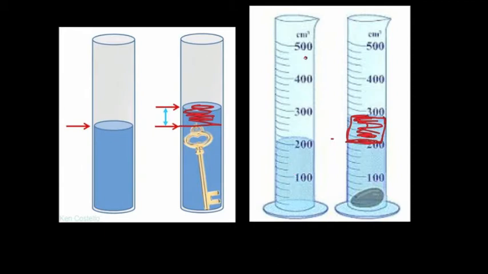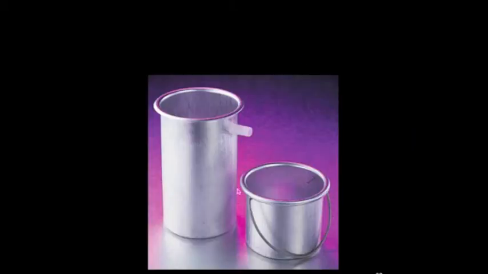If the object is too big to fit into a graduated cylinder, you can use a piece of equipment called an overflow can. Okay, an overflow can looks like this. The concept is still the same, but you can see here that the opening is larger, so you can fit larger objects in it. Basically what you do is you fill up the overflow can with water. The water will all pour out if it goes above this spot.